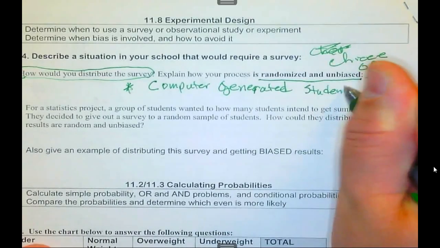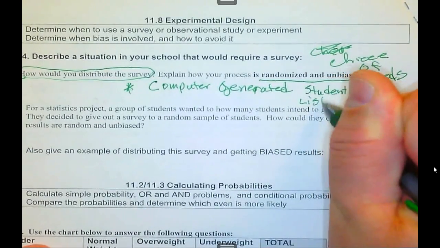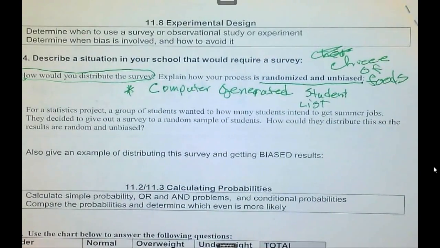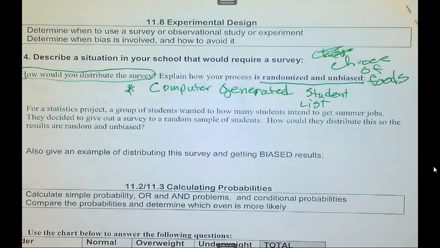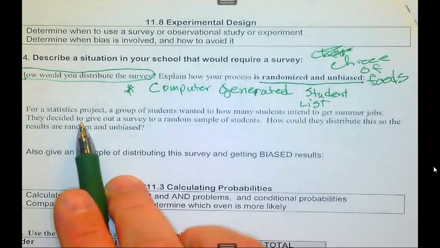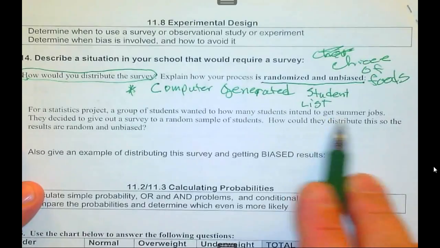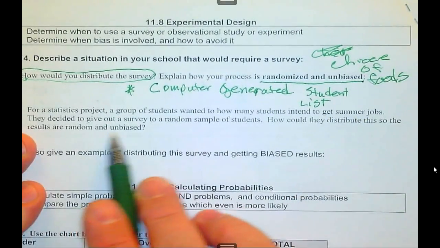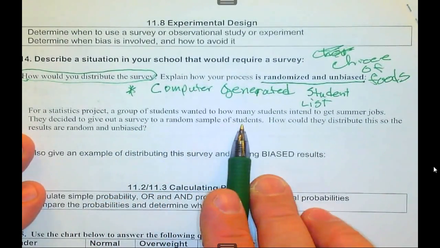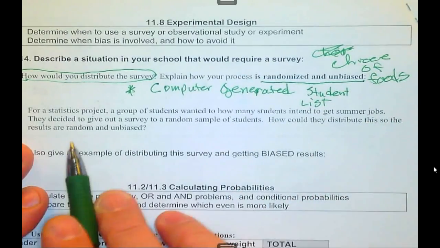Student list. Okay? That would be completely random and unbiased. For a statistics project, a group of students wanted to know how many students intend to get summer jobs. They decided to give out a survey to a random sample of students. How could they distribute this so the results are random?